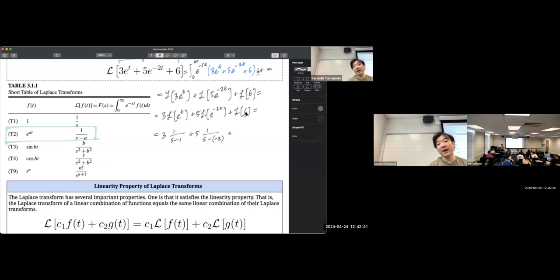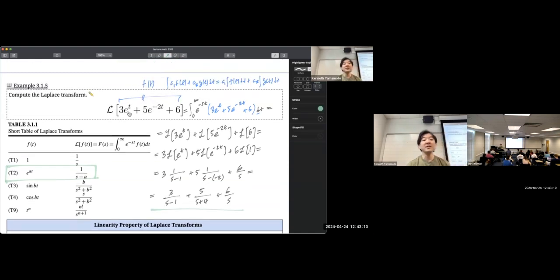And then for this one, I could have just said the 6 could have pulled out, so why don't I write that? 6 comes out, and it'll be 6 times the Laplace transform of 1, which is going to be 6 over s. So basically, this is going to be 3 over s minus 1 plus 5 over s plus 2 plus 6 over s, which is the Laplace transform of these.